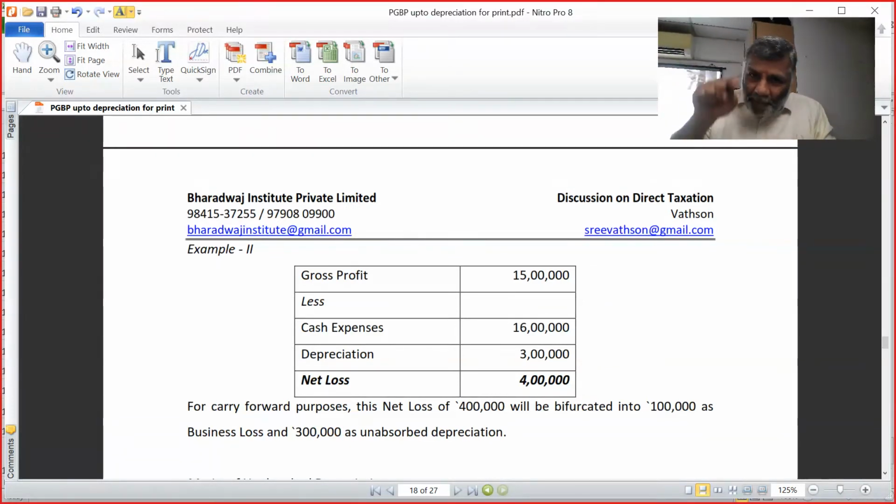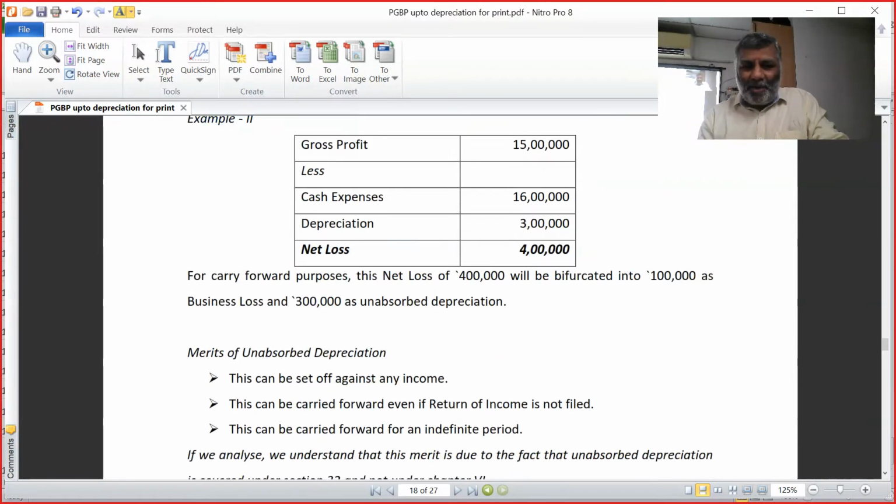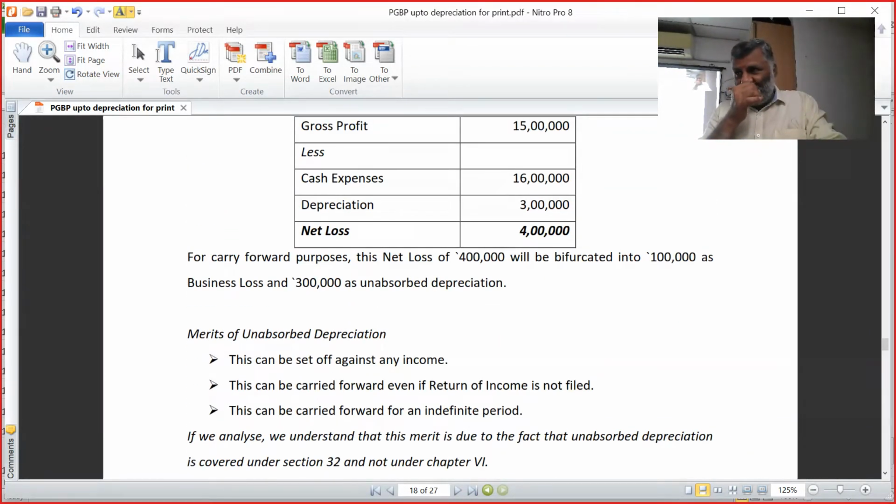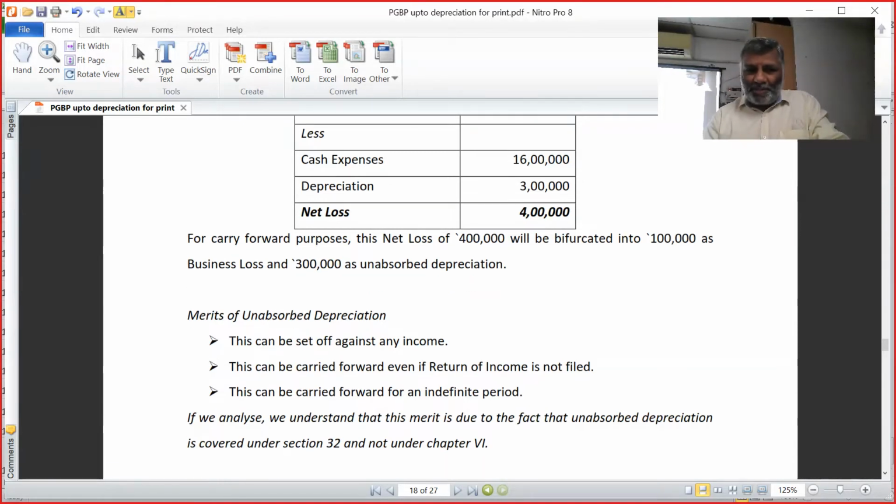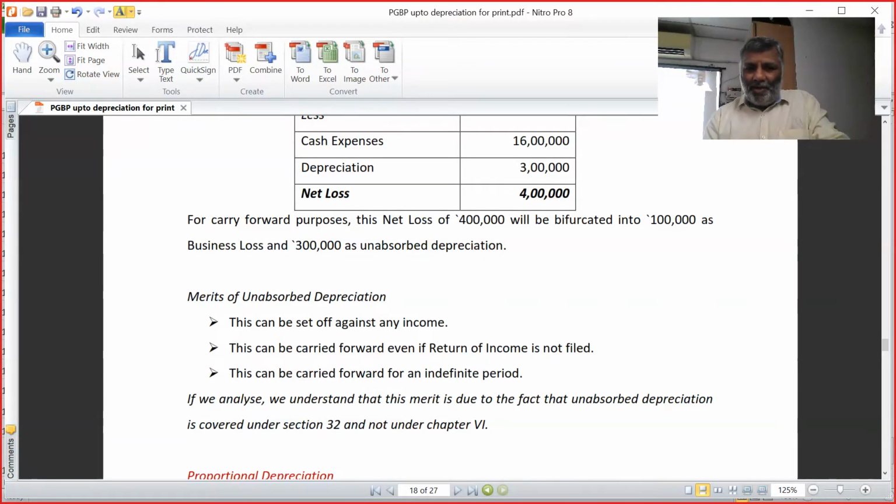So, by interpretation, we understood that unabsorbed depreciation can be carried forward even if the return is not filed within the due date and can be set off against any income. So, these are all the advantages. That is because it is not spoken of in chapter 6.